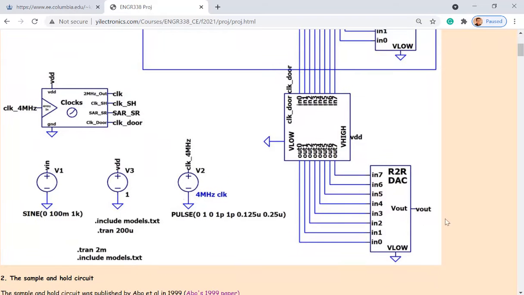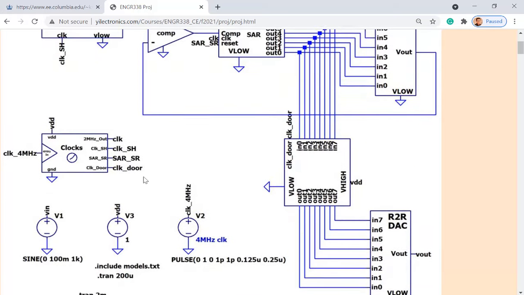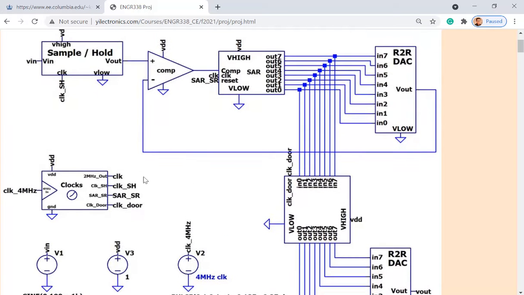Okay, so what's in there? Where are the counters? Here. They do the timing, so you can send the correct commands to the circuit at the correct time.